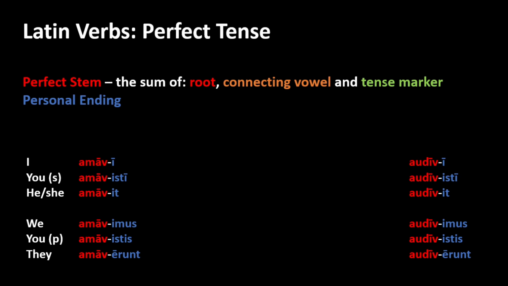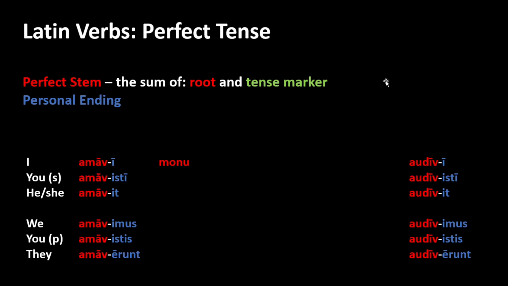Let's continue. Monu, second group or second conjugation verbs. Here the perfect stem is not formed in quite the same way as with amo and audio. You have the root mon, but you don't have the usual connecting vowel, and you don't have the usual tense marker either.